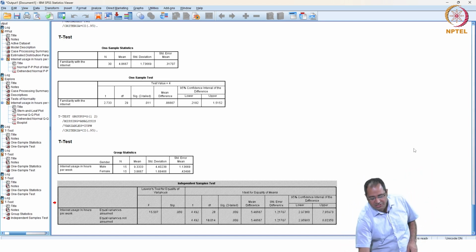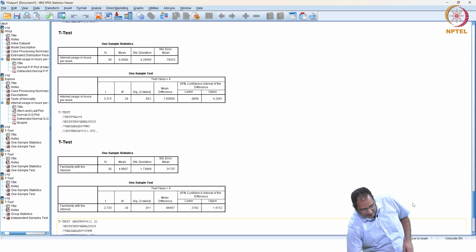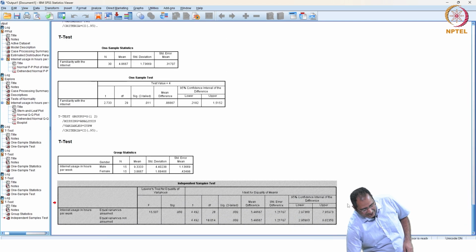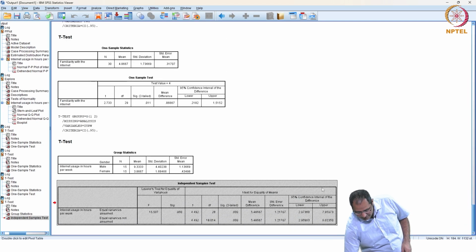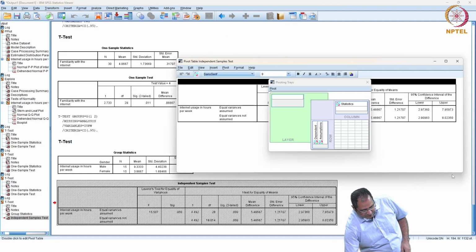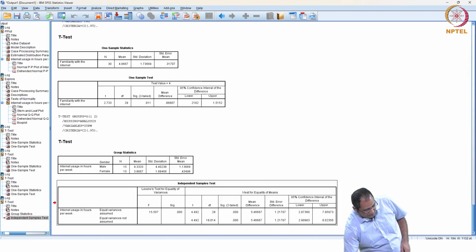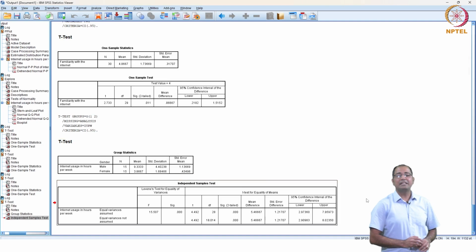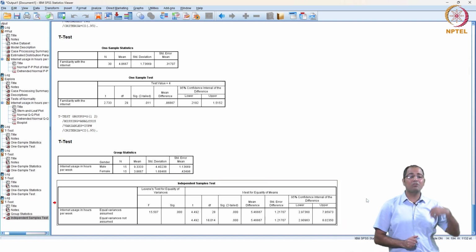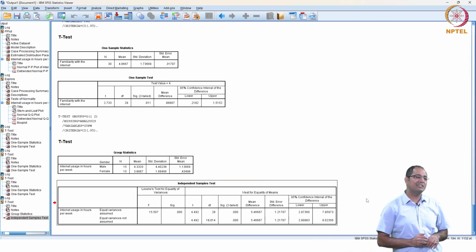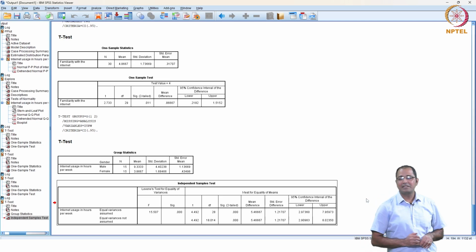Here it is just an exercise, but you are likely to be doing something related to this when you are in your jobs. Then nobody will tell you, and you will have to figure out what test to use, whether a one sample t-test or an independent sample t-test.